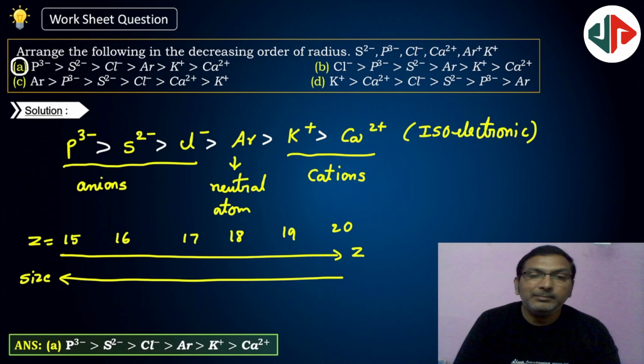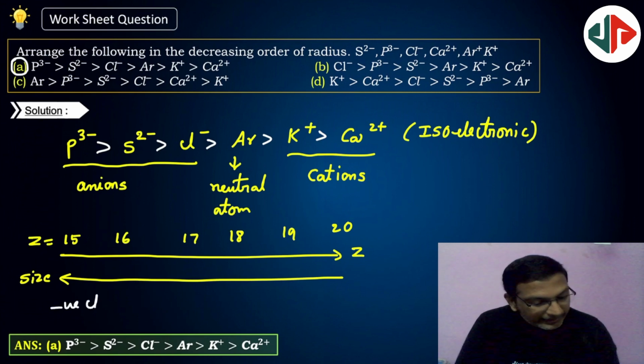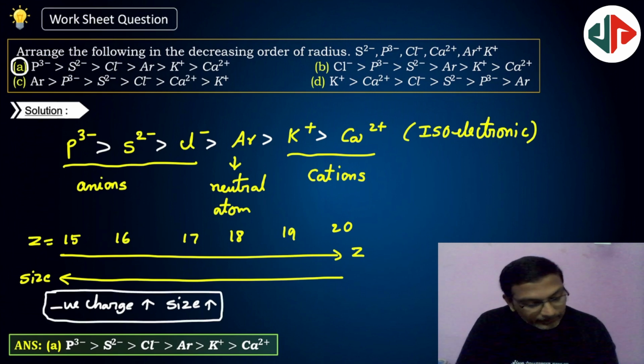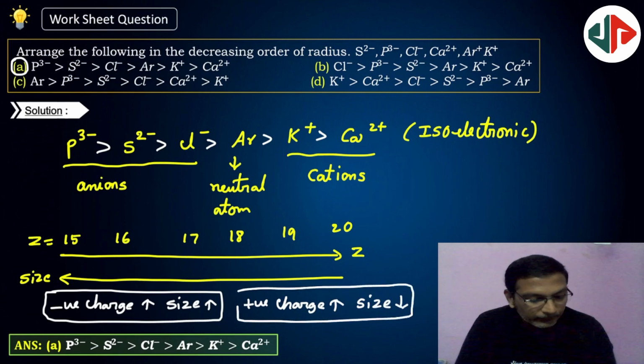Anions, neutral atom and cations combination. Or we can say like this. As the negative charge increases, size increases. This is one point. Next, as the positive charge increases, size decreases. In case of isoelectronic series, P is having more negative charge.